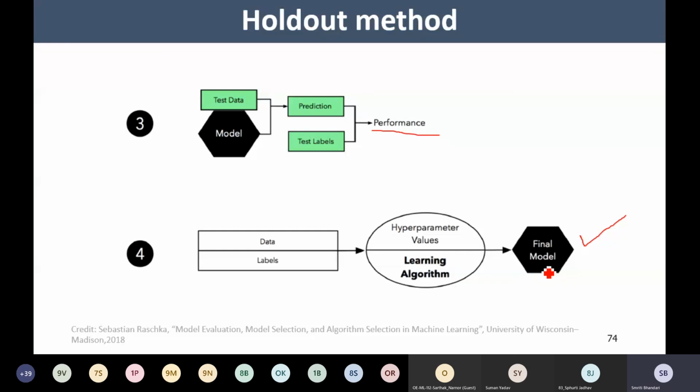I hope you have understood this method. We are going to focus on a few more methods in the next session. This is the very first, preliminary, basic method of partitioning the data and carrying out the task of learning. If you have any doubts, please let me know.